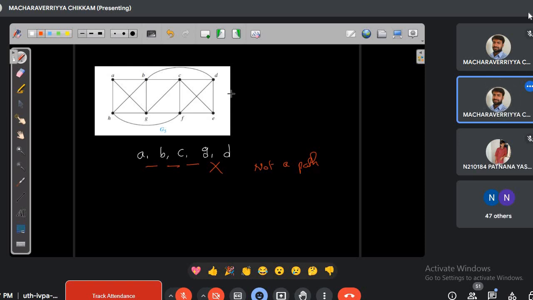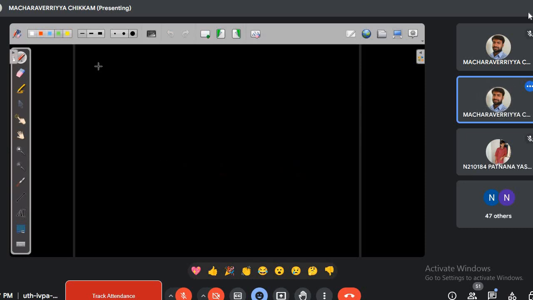All right. Now let us discuss connected graphs. When do you say that a graph is connected? Okay. So we say that a graph is connected if there is a path between any two distinct vertices. A graph is said to be connected if there is a path between every pair of vertices of the graph.